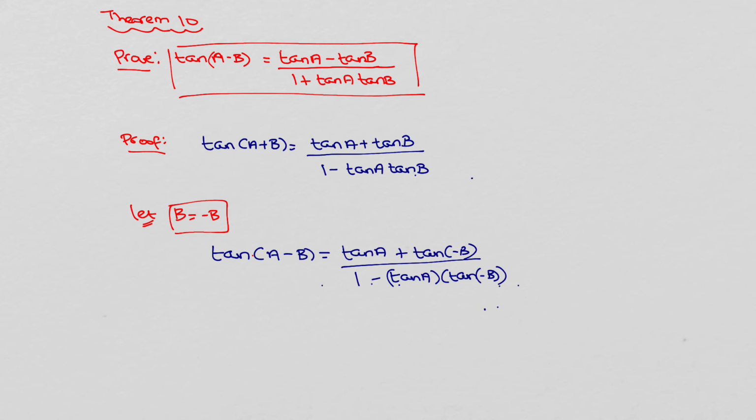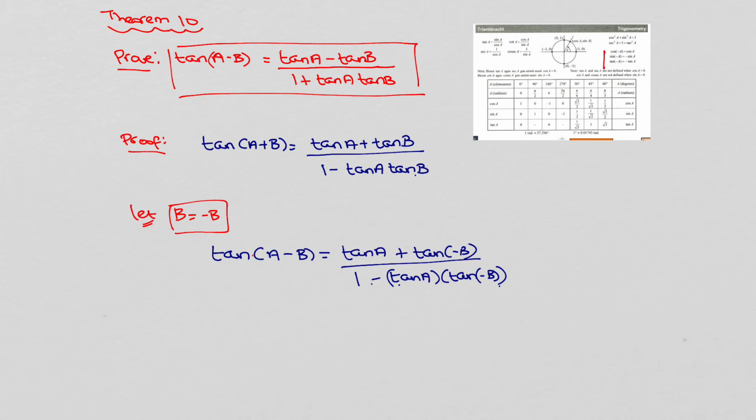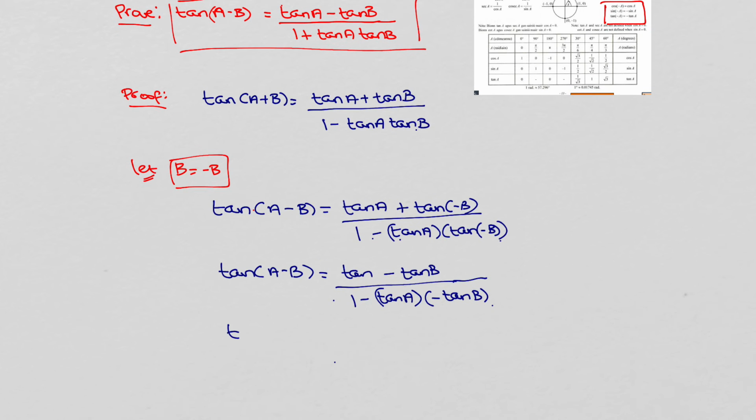And again, if we go to our tables for the negative angles and we check for tan, we can see tan of the negative angle A is equal to minus tan of that angle. So in other words, we have tan of A minus B is equal to tan A, and then that's going to become minus tan B over 1 minus tan A times minus tan of B. And of course, we're multiplying there on the bottom line, not subtracting.